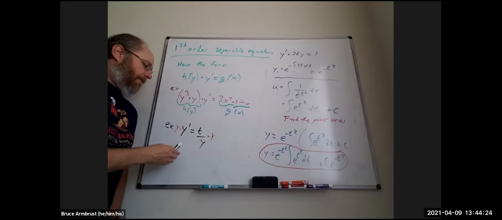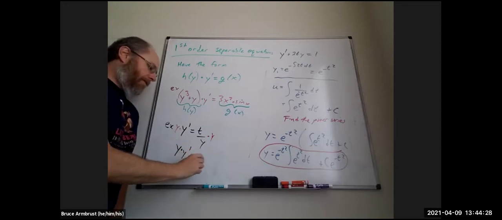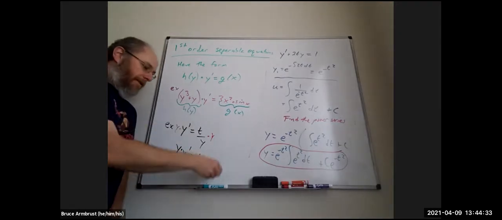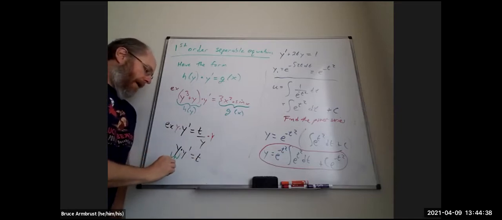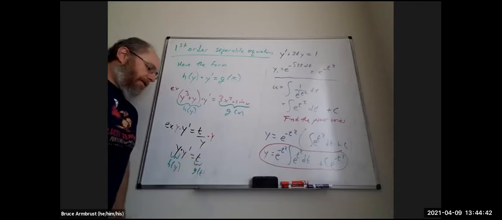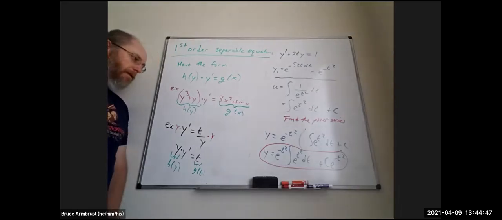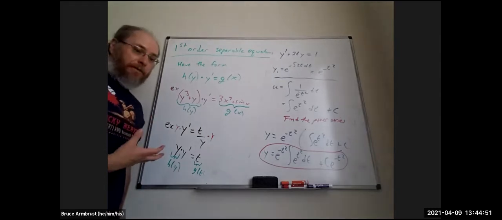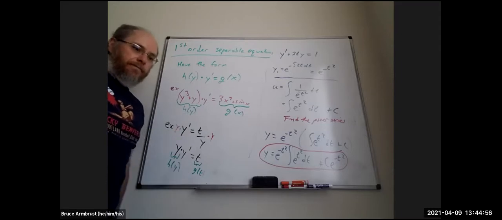Then what we've got is y times y prime equals t. And now we do have it separated. It's in this form. So our h of y is just y, and our g of t is just t. So this is what it means for it to be separable: by doing algebra, you can turn it into this form.